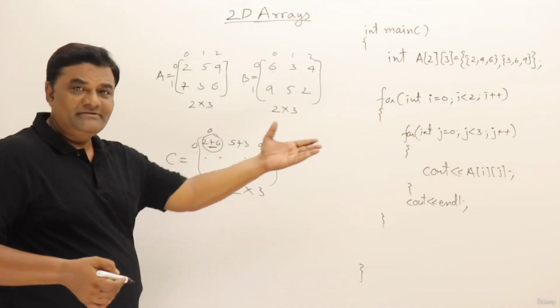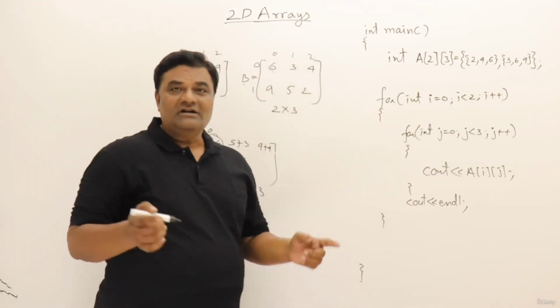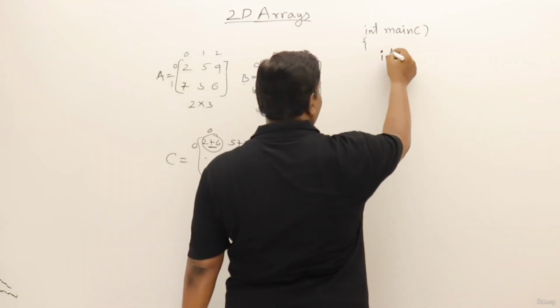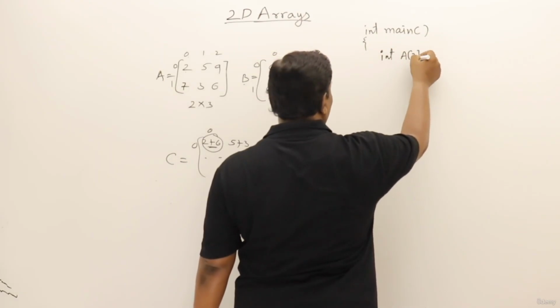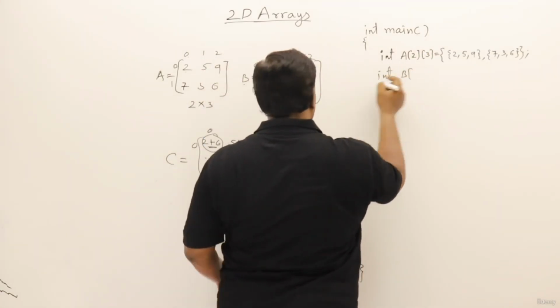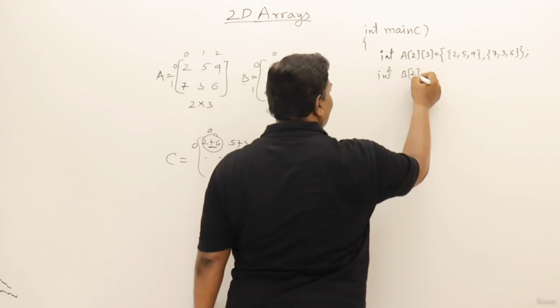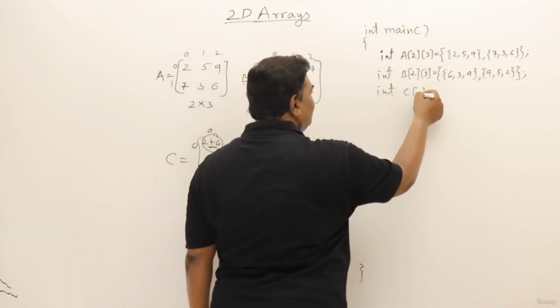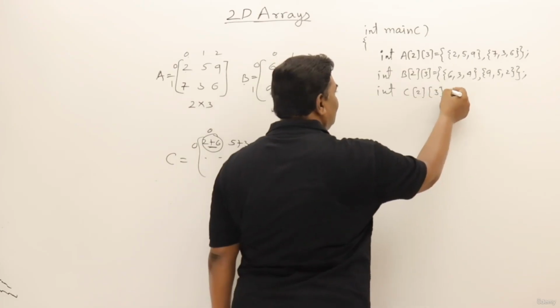So the program will be very simple. I will write the code here for adding two matrices and displaying the result. First matrix I will take A, 2 rows, 3 columns. The second matrix B, I will take the same, 2 and 3. Then I need one more matrix, that is C. For that also I will create an array.